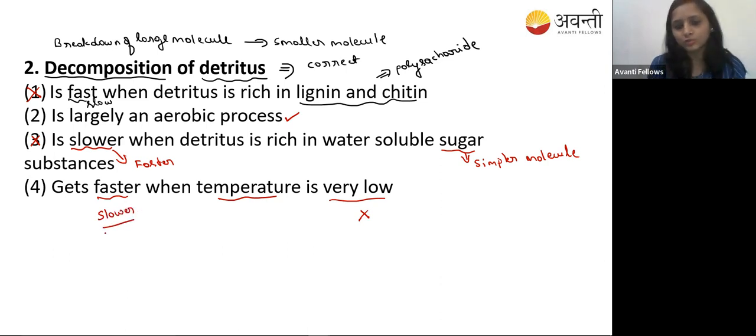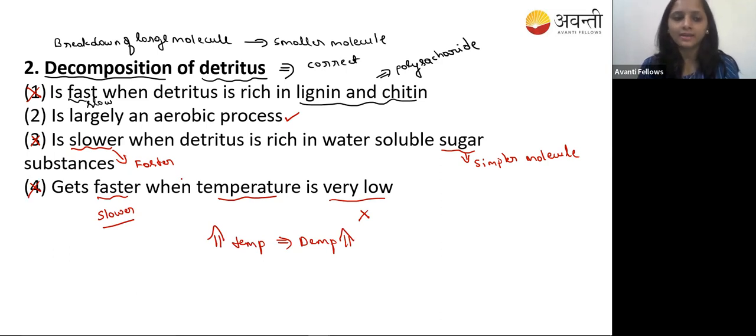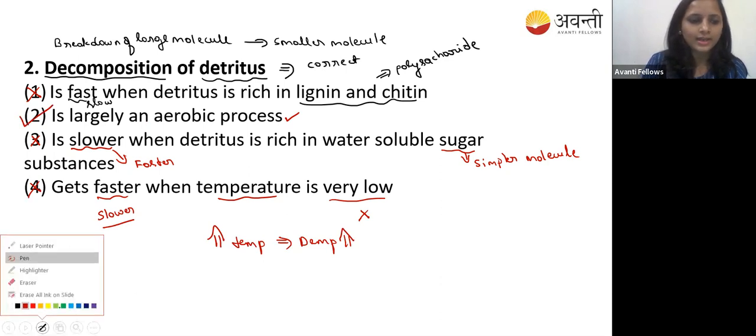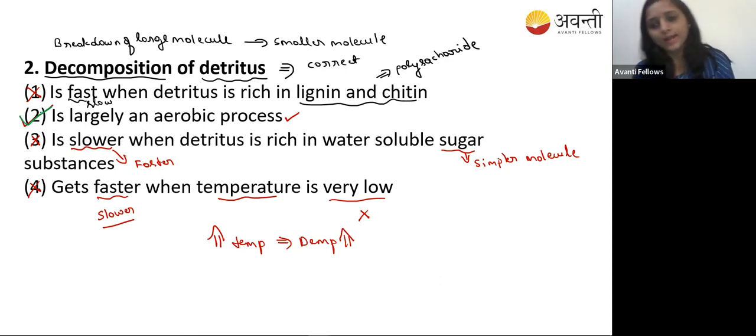When the temperature is higher, the decomposition will also be more. So option 4 is also wrong. The correct answer is that it is largely an aerobic process, so option 2 is the correct answer. Let us go to the next question.